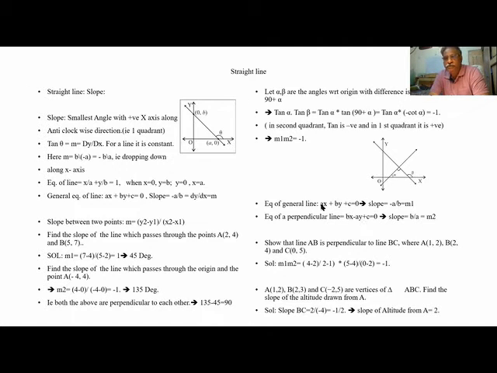If I do differentiation, a dx plus b dy is 0, so dy by dx is minus a by b. Here b dx minus a dy is 0, so dy by dx is b by a. When I multiply m1 m2, I get minus 1. Okay.